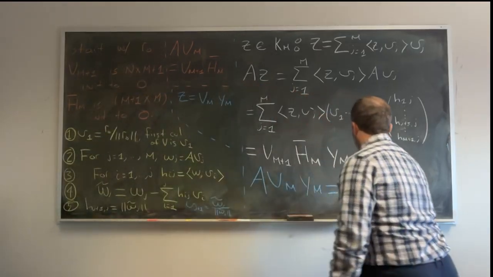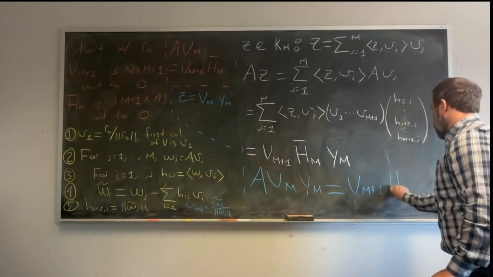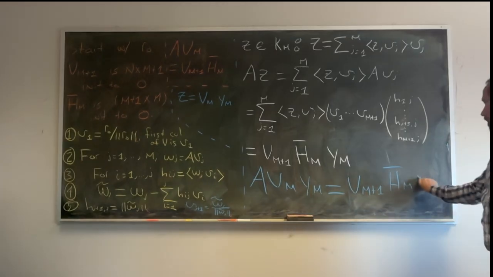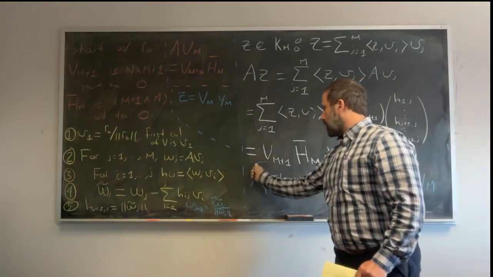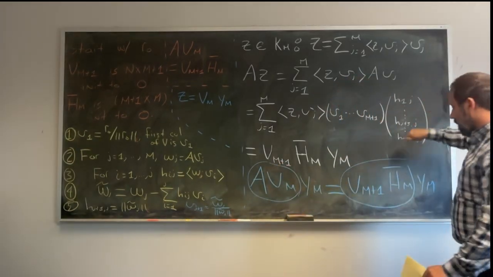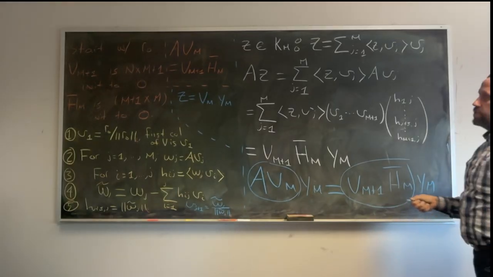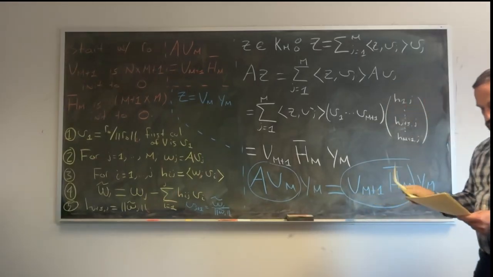It is vm plus 1 times hm bar times ym. Now this is true, ym is a generic vector. This is true for any ym in Rm, and so this tells us that a vm is equal to vm plus 1 times hm bar, which is exactly the thing that we are trying to prove. Okay, so that's good.